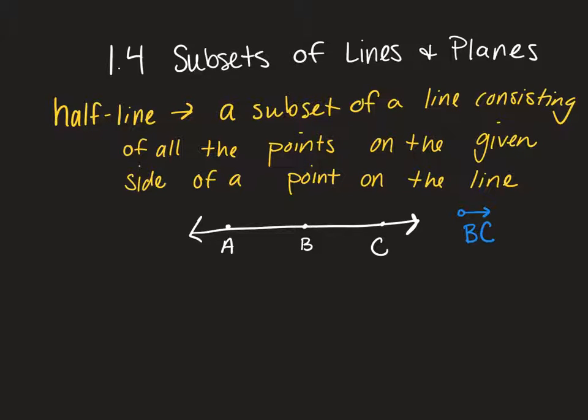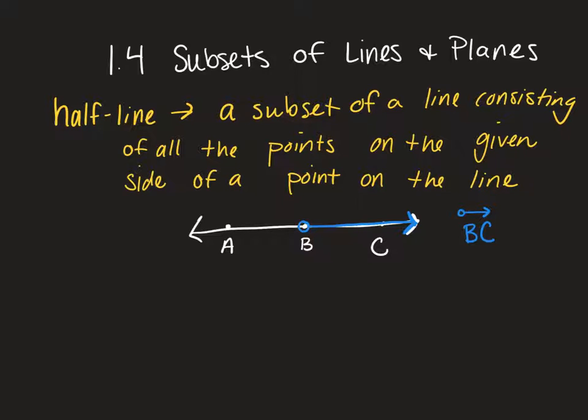It's always going to point to the right. So basically that means that it's this here. It doesn't include point B, but it's got all of the points over in that direction of C. So that part that I did in blue would be considered half line BC.